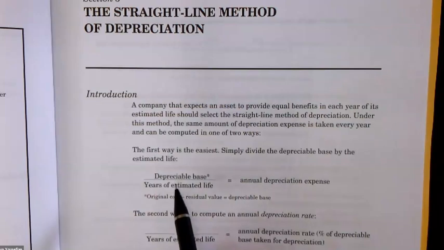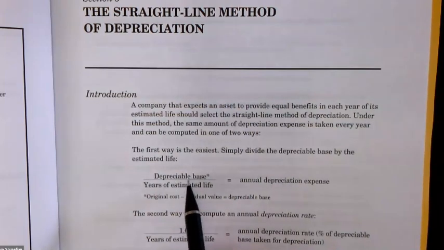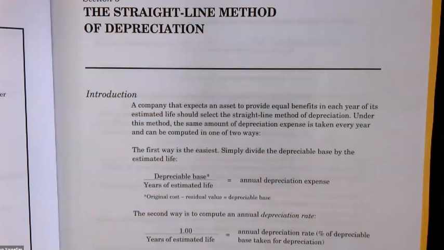We talked about it. What is depreciable base? Depreciable base is the original total cost, including shipping, sales tax, installation, minus residual value. That gives you the depreciable base, divided by estimated useful life, and that gives you annual depreciation expense.